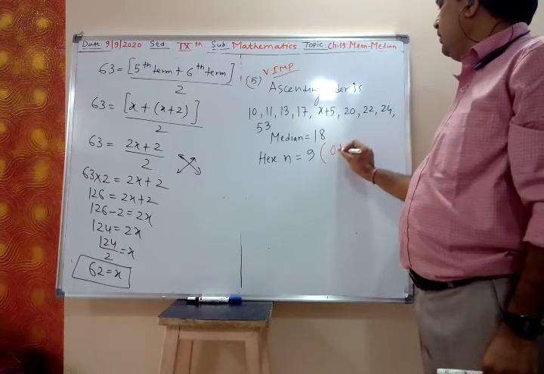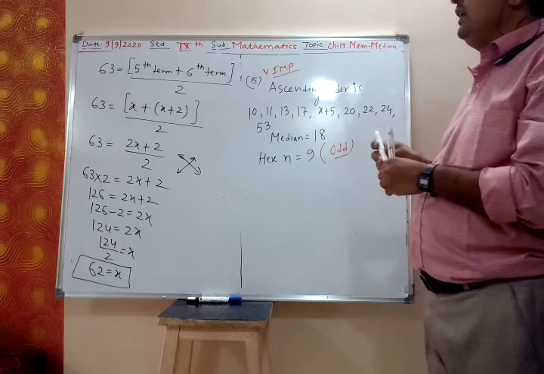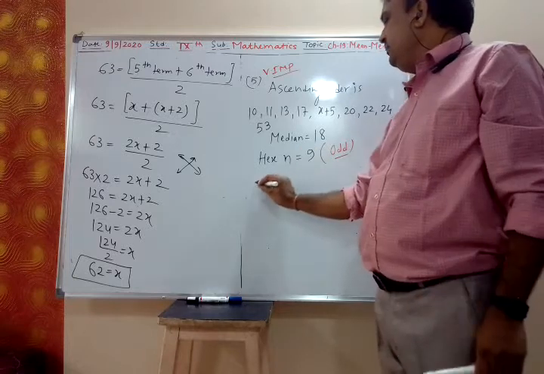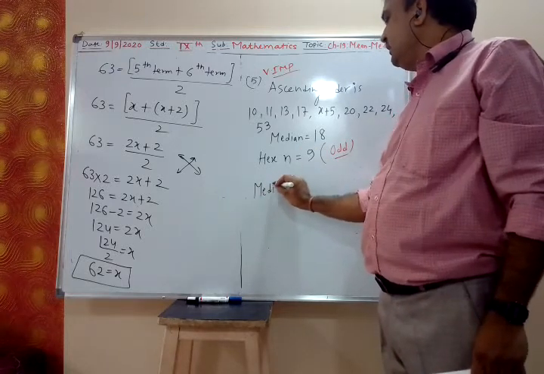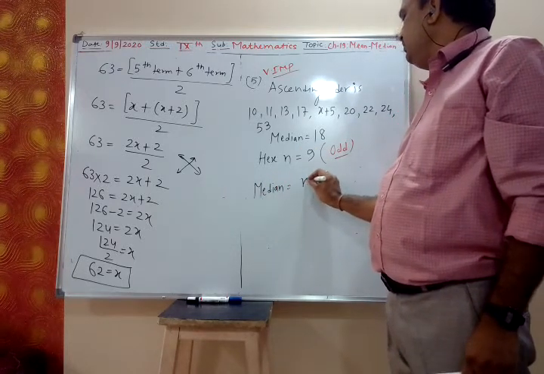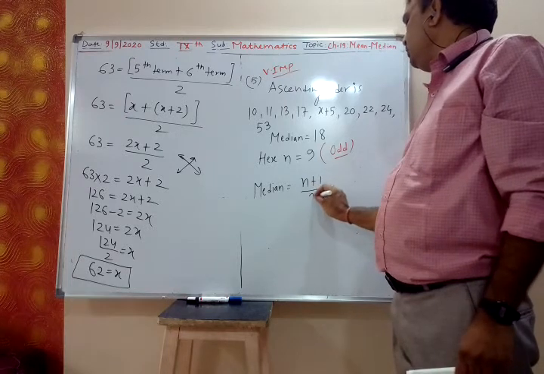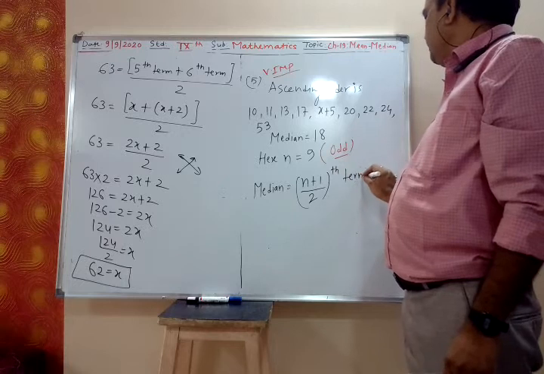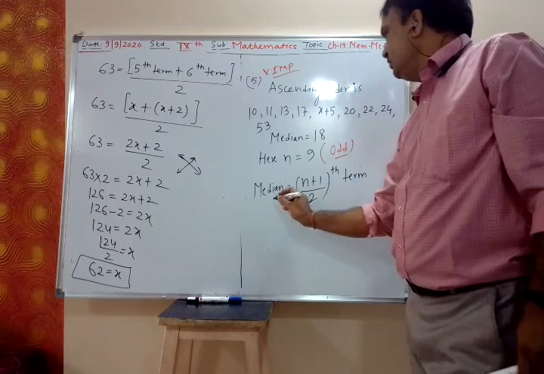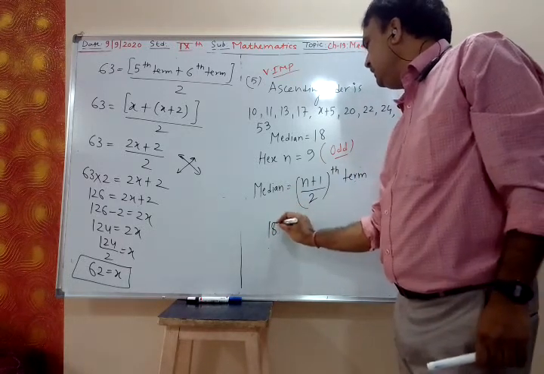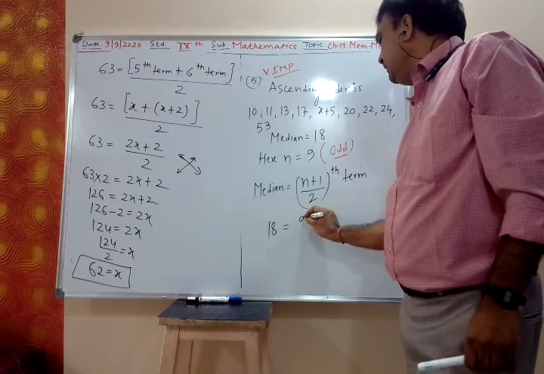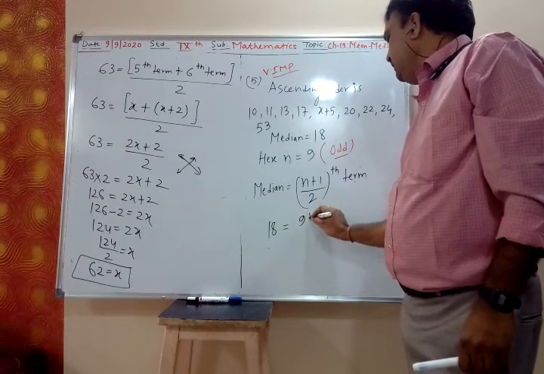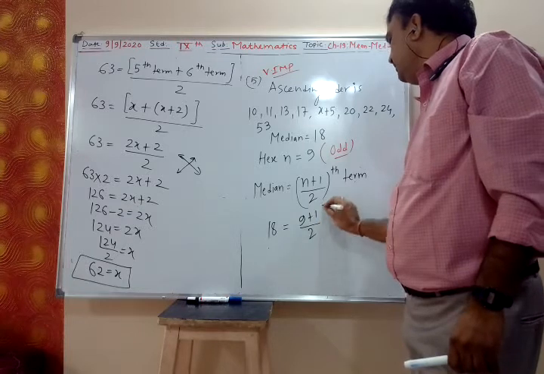So whenever n is odd, my median is equal to the (n plus 1) upon 2th term. So median is already given, 18, n is 9, 9 plus 1 upon 2th term.